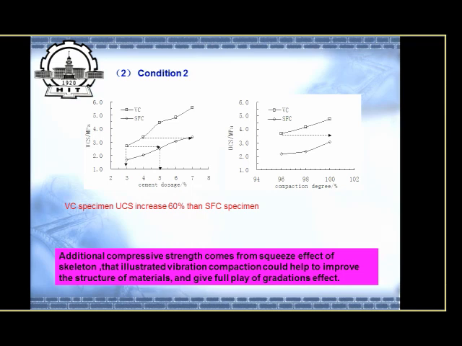I think it comes from the frequency effects of the skeleton. That illustrates that vibration compaction could not happen to simple structures or materials, and can give full play to the gradation effects.